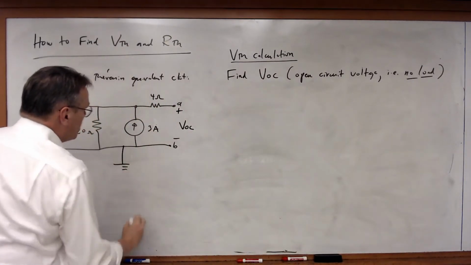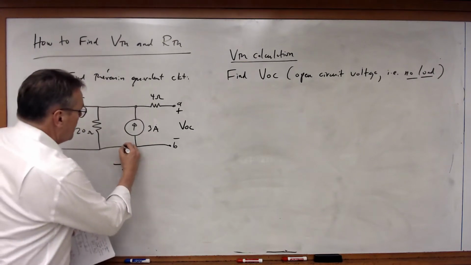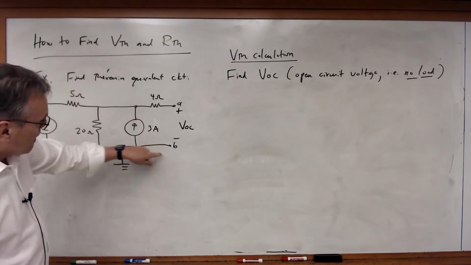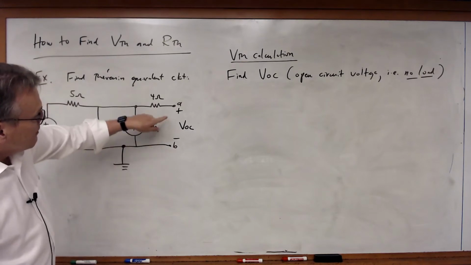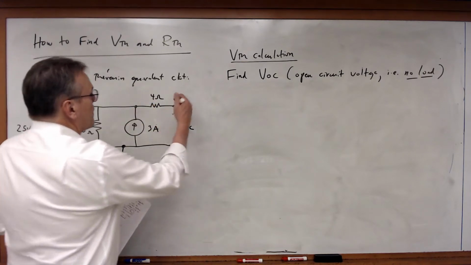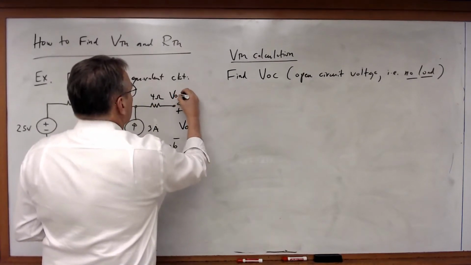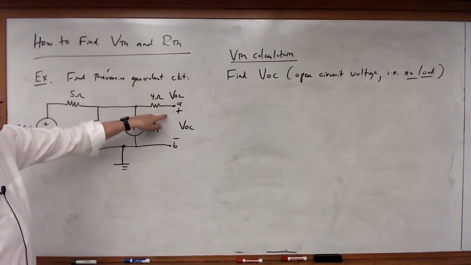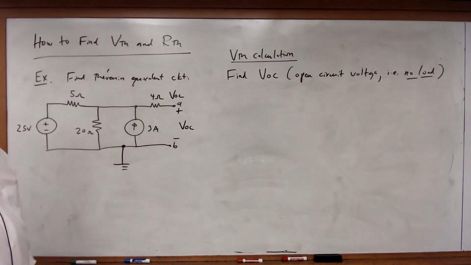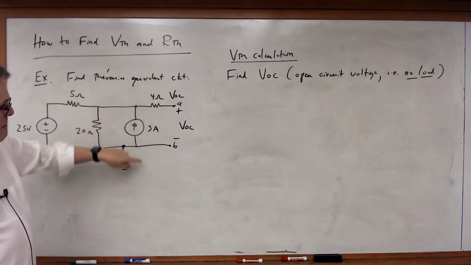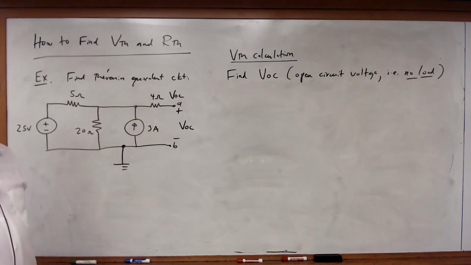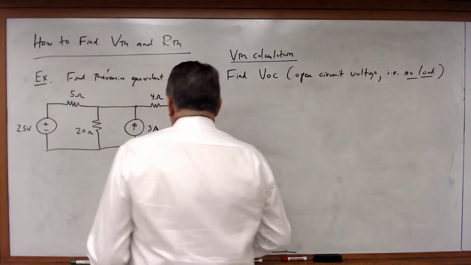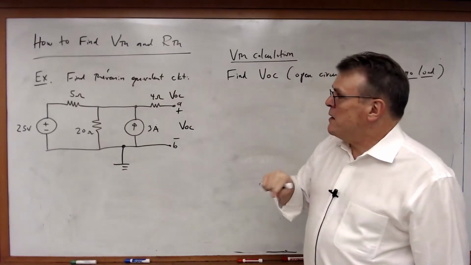I'm going to ground the bottom node. And notice if I ground the B node, then the voltage at the A node must be a nodal voltage of VOC because of the way I'm defining the voltage drop. So VOC minus 0 is equal to VOC.